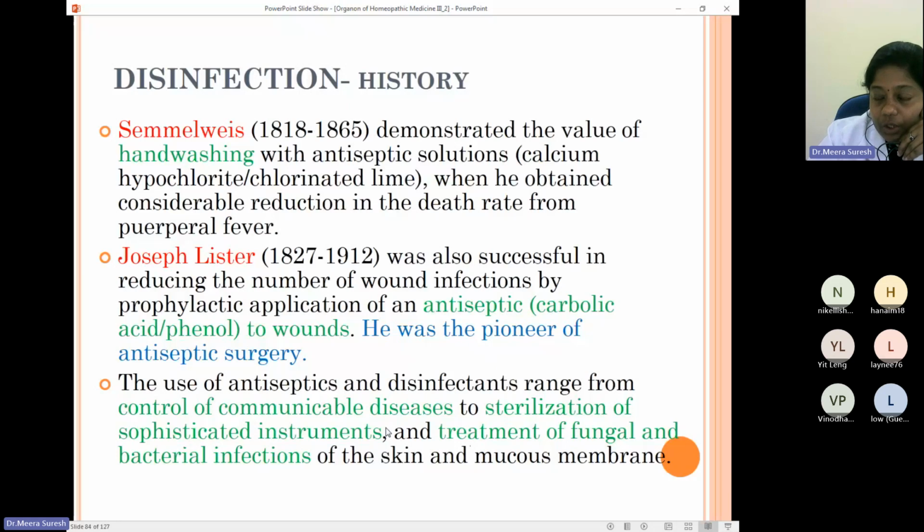So we use this to control disease, to treat wounds on our skin or mucous membrane so that more bacteria or fungi don't make the wound worse, and also for sterilization of materials and instruments, whether medical instruments or things used by a patient who has a communicable disease. So that's the purpose of antiseptics and disinfectants.